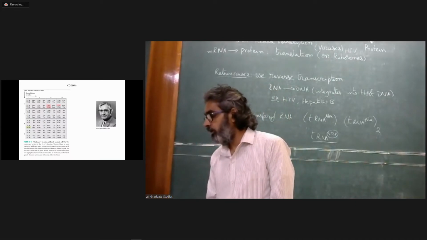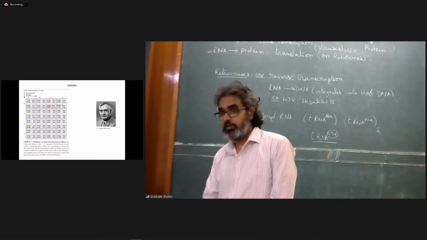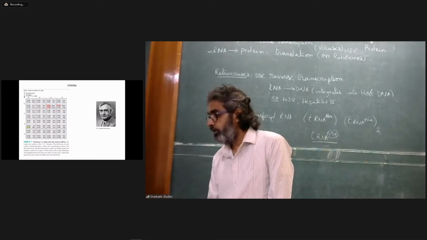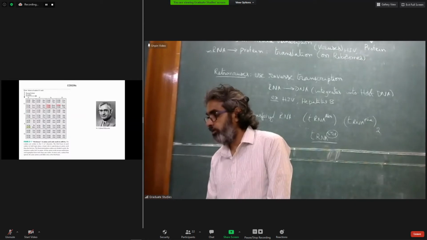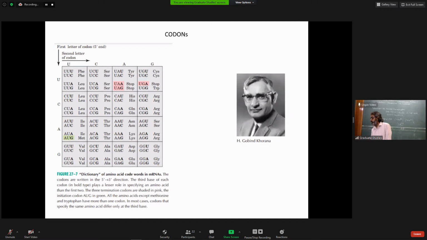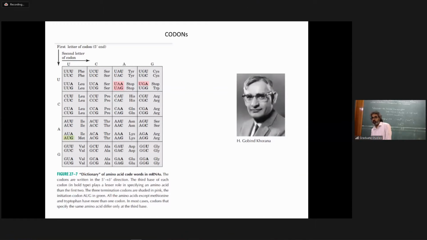Okay. Interestingly, this is the codon table which is used both in prokaryotes and eukaryotes to make protein molecules using ribosomes, mRNA template and tRNAs. Now we know so much of this that we can artificially change it at will to incorporate artificial or unnatural amino acids into sequences.